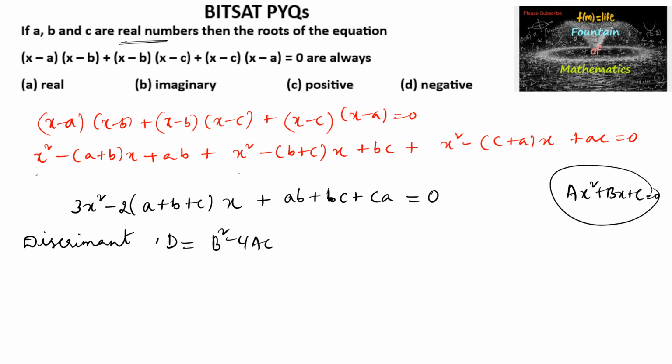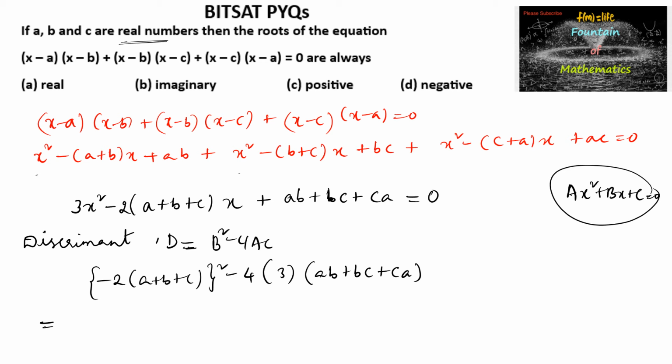So here we can write −2(a+b+c) whole squared minus 4 times 3 into (ab + bc + ca). This is the discriminant value D.